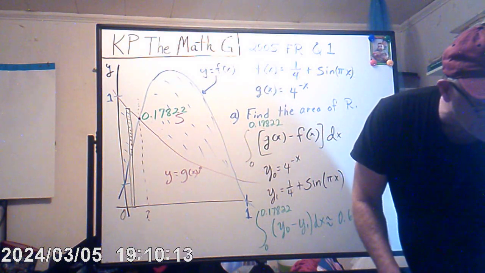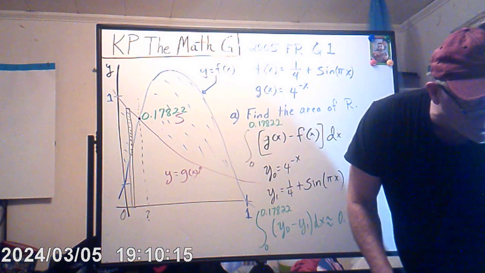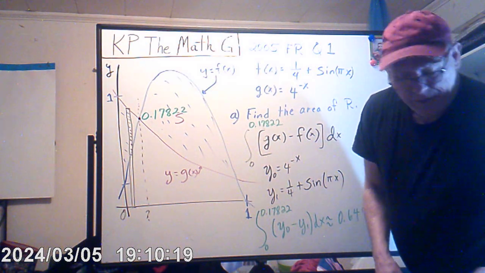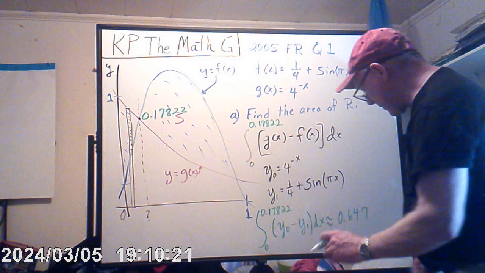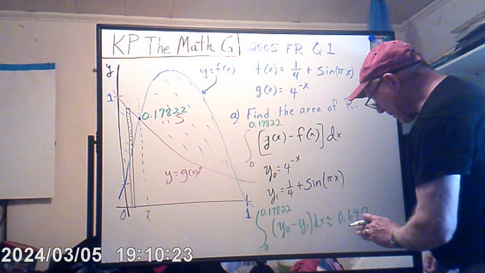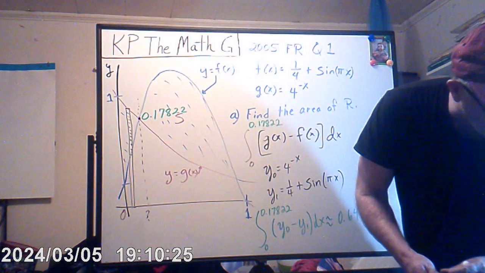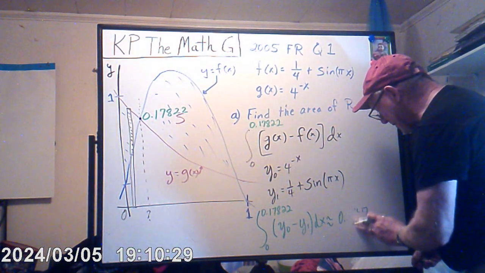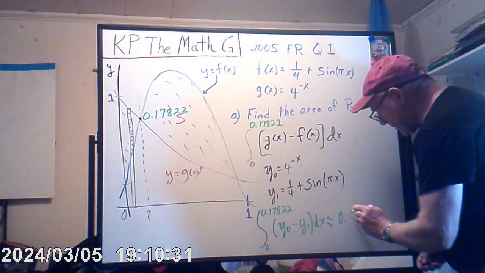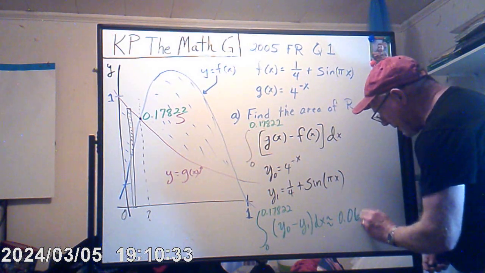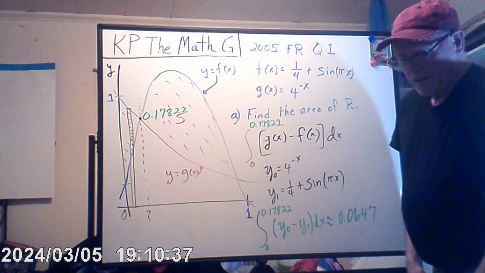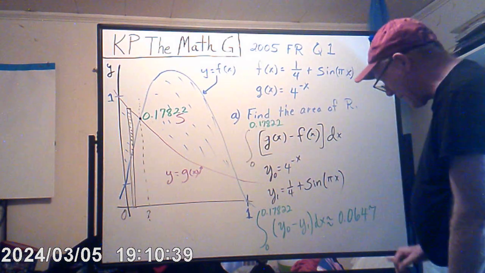And I think I have 0.0647. Whoo, I messed that up. 0.0647. There it is. Don't leave that 0 out like KP's Math G just did.